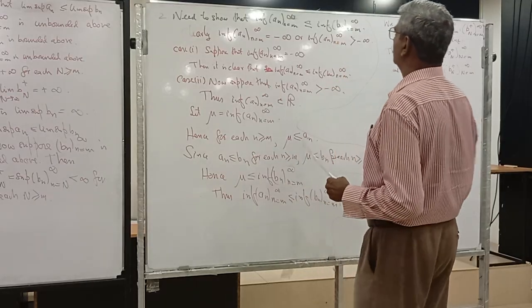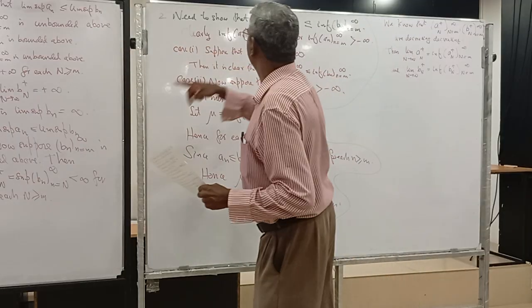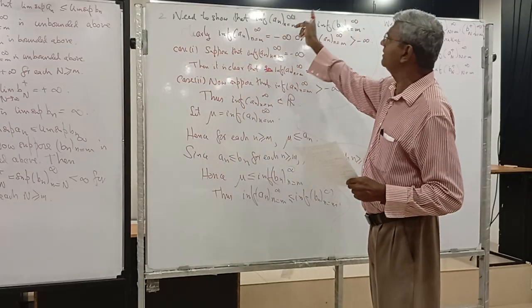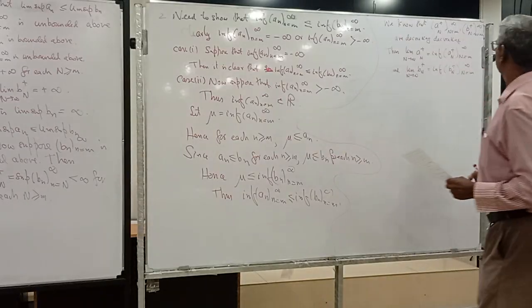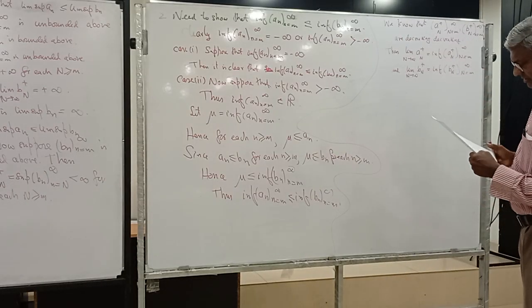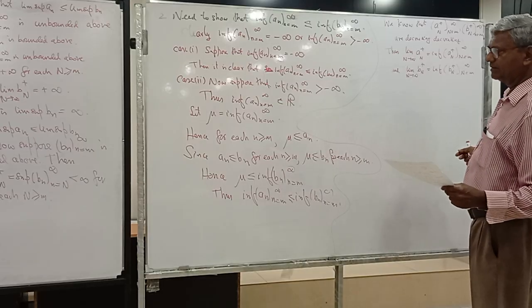Now, that is my proof. If An is less than or equal to Bn, we have shown that.